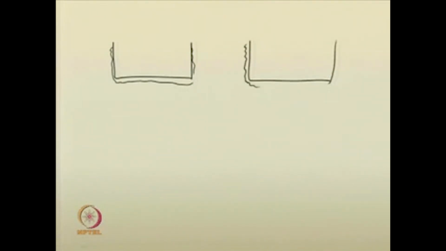In the rectangular channel, whichever section you take, you can draw the two sections, that is, one pre-jump section and this is the post-jump section.